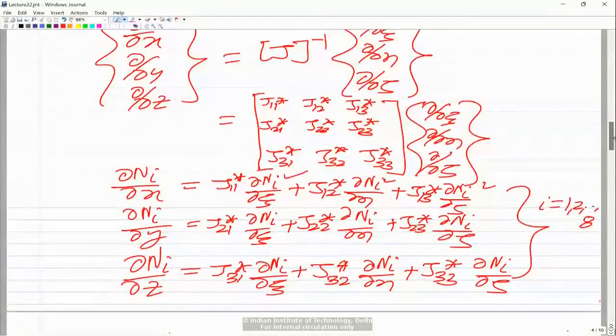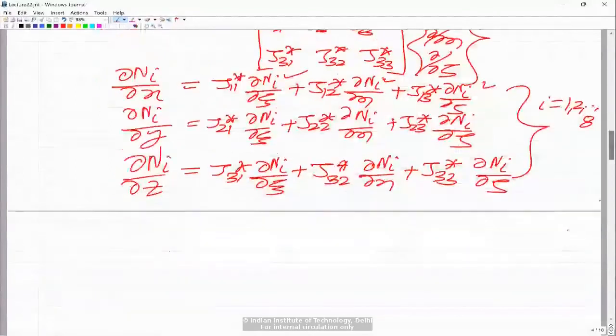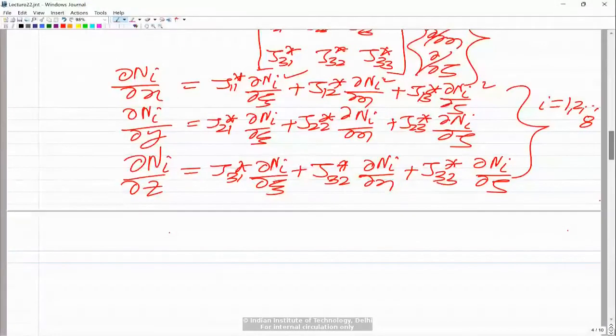So now the element level governing equation: the procedure is exactly the same. That is, you substitute the interpolation for U, V, W and the interpolation for the strain in the total potential energy functional I, and then delta I equal to 0 gives you the element level governing equations.